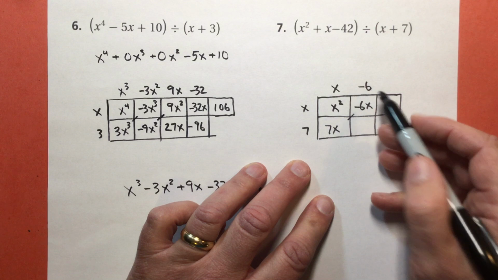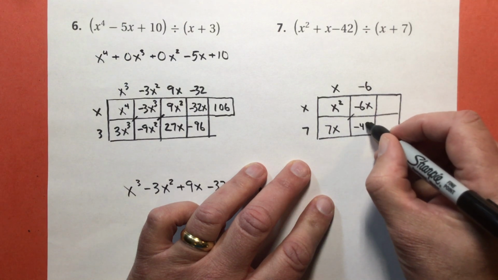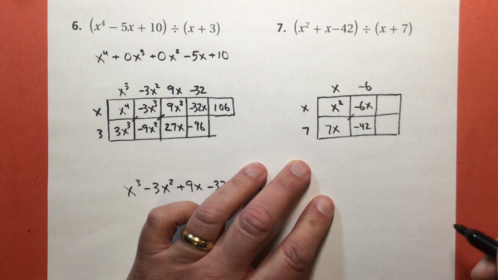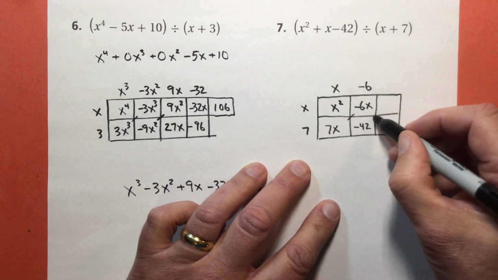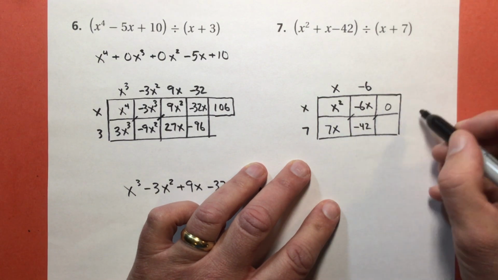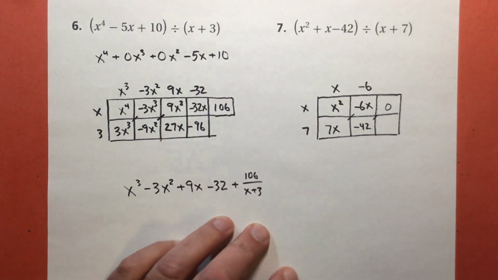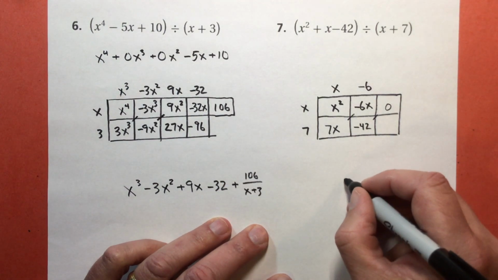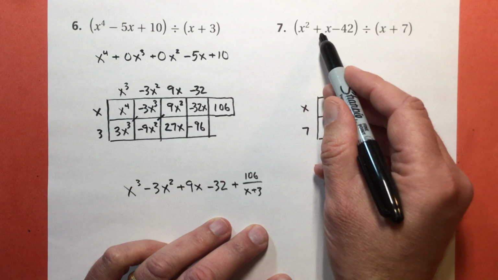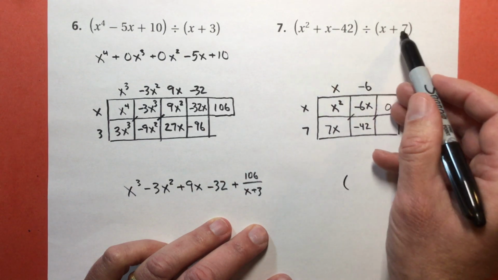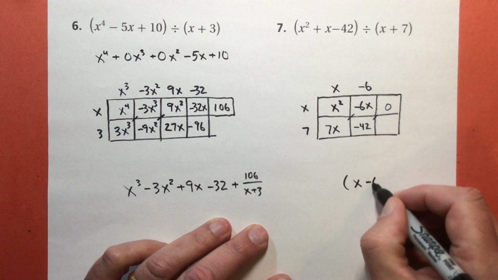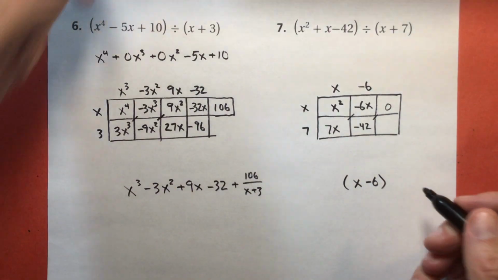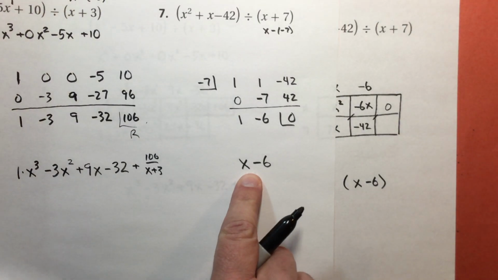So 7 times negative 6 is negative 42. And what do I add to negative 42 that equals negative 42? The remainder, which is 0. So my x squared plus x subtract 42 divided by x plus 7 is x subtract 6, which is what we said it would be when we did it synthetic division.